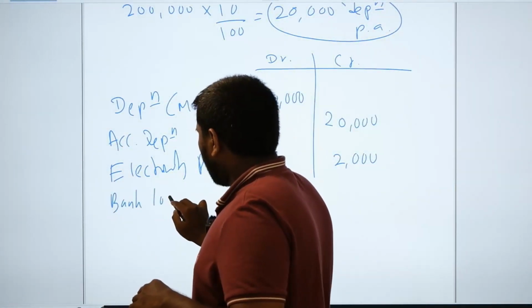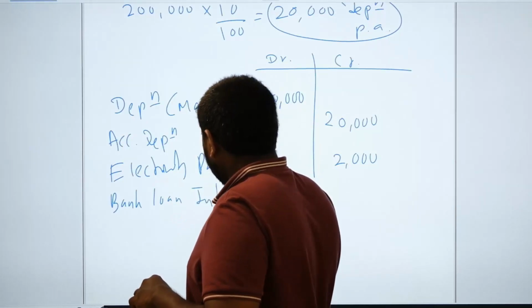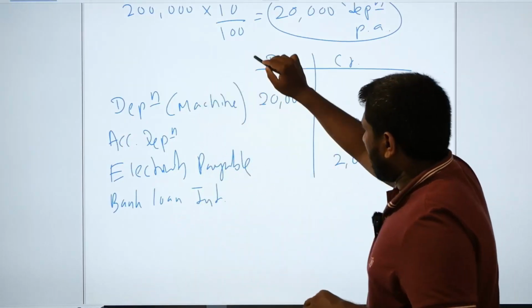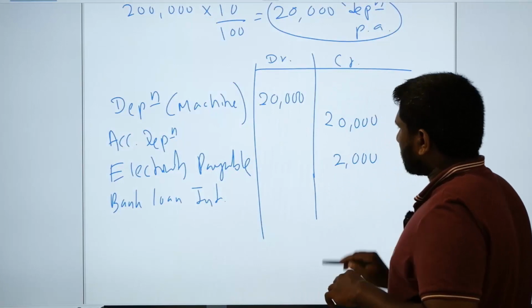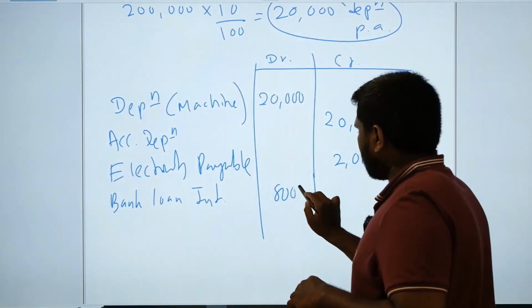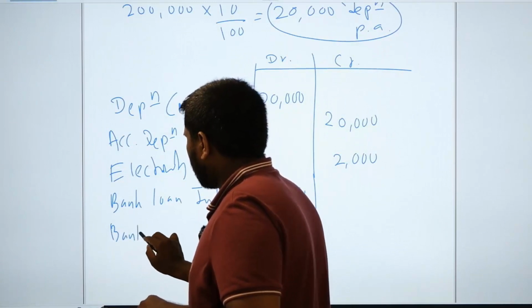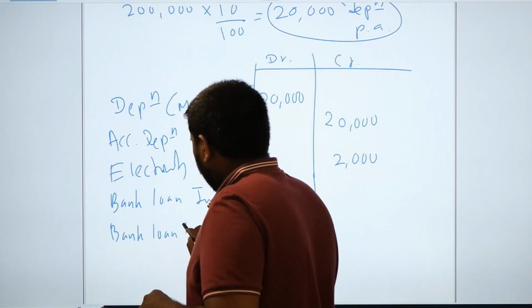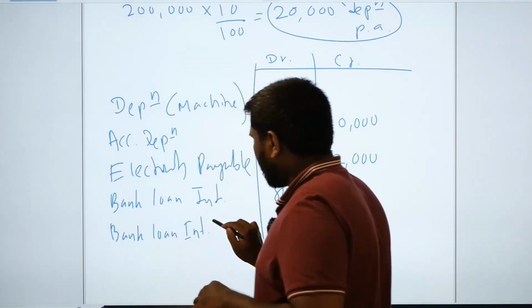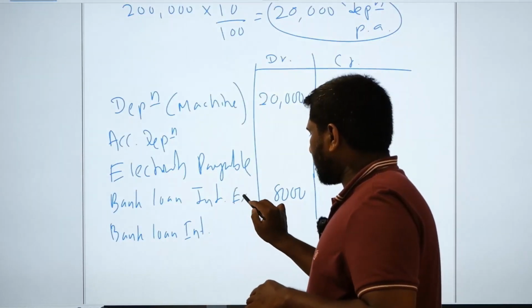Bank loan interest, debit 8,000, bank loan interest payable. So this is an expense.